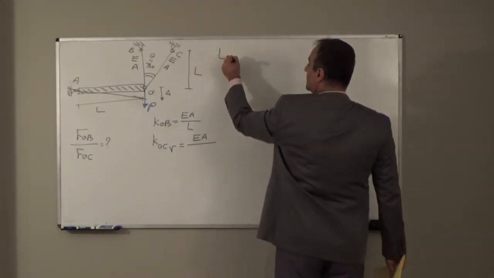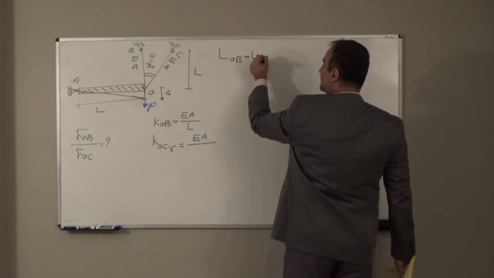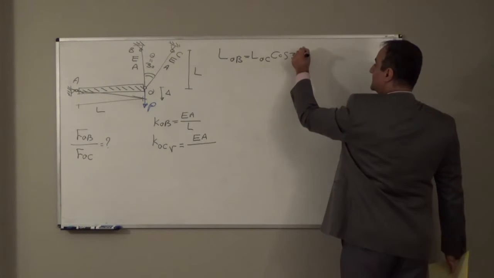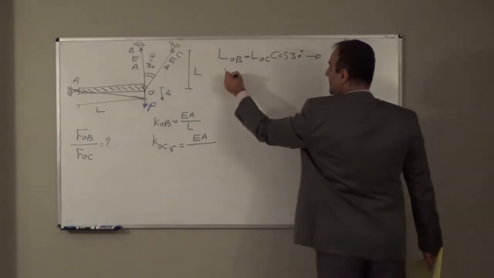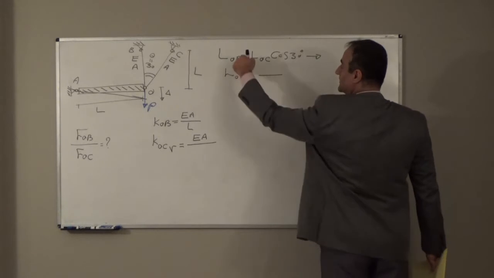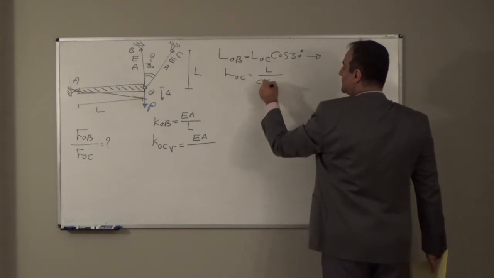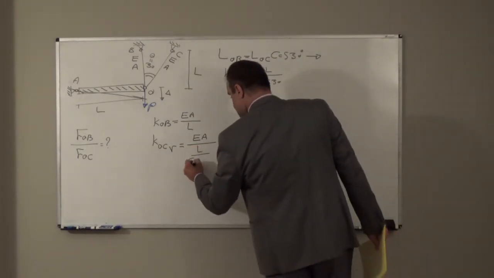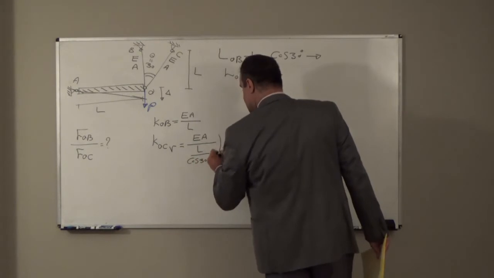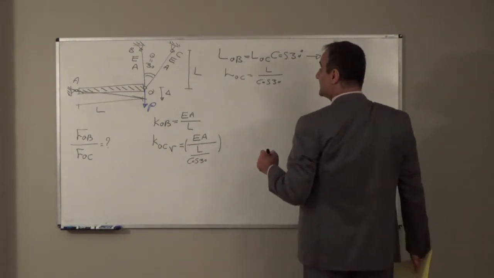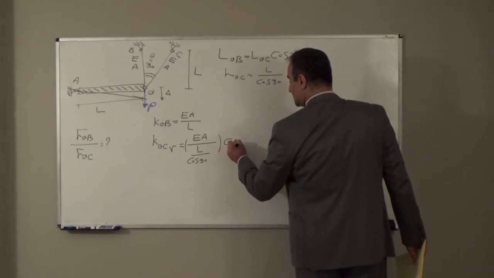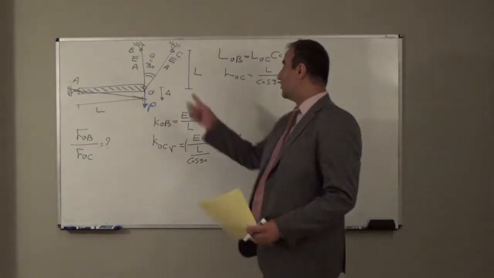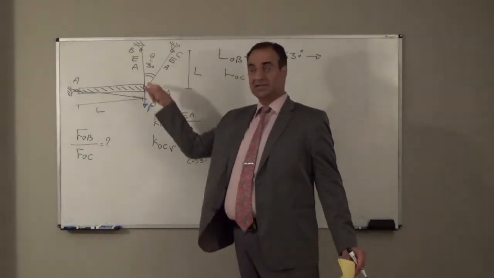Length of OB is equal to length of OC times cosine 30 degrees. So the length of OC is L over cosine 30. So here I should put EA over L times cosine 30 times cosine squared 30. This will be the stiffness of the OC member in the vertical, deformation direction.